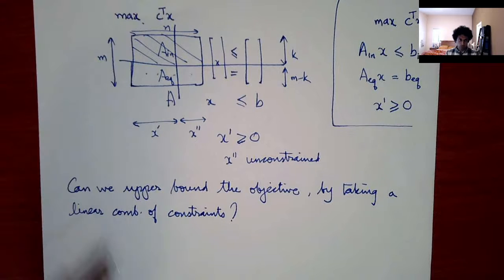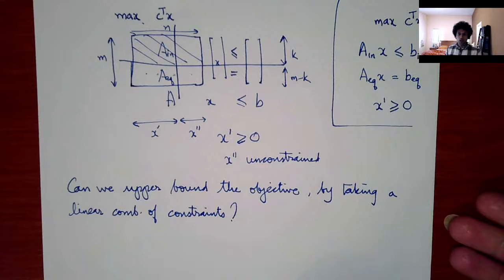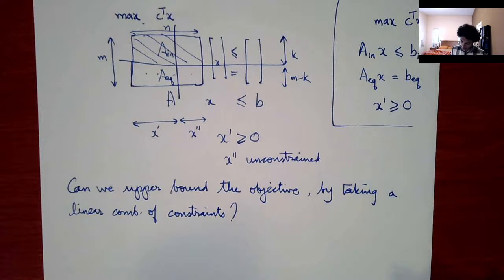We're going to do that by taking a linear combination of constraints, just like we did in Farkas lemma. In Farkas lemma, you took a linear combination of the constraints to assert that a particular linear system is infeasible. Here, we're going to use it to upper bound the objective. So what does a linear combination of constraints mean?